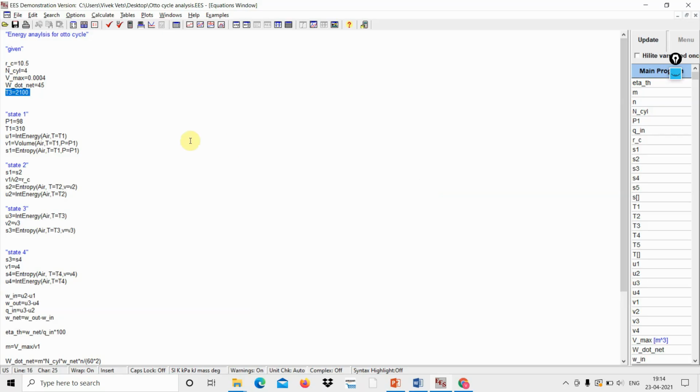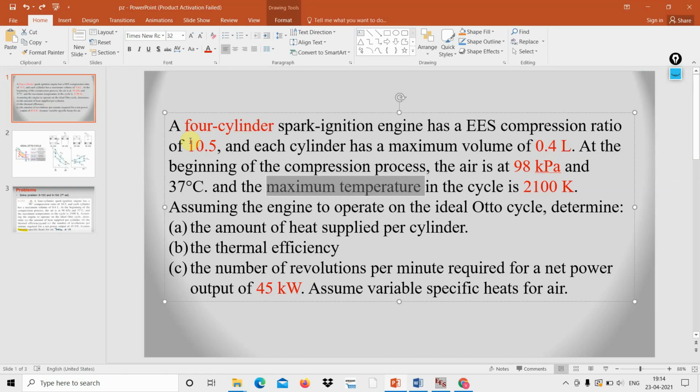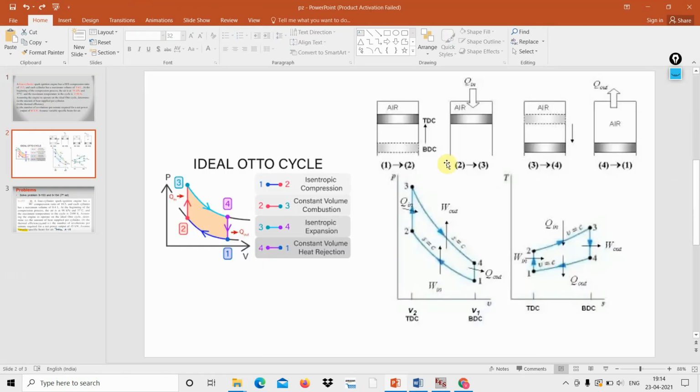Now, how to do the analysis? We break the process into certain stages. For ease, we'll see the diagram here.